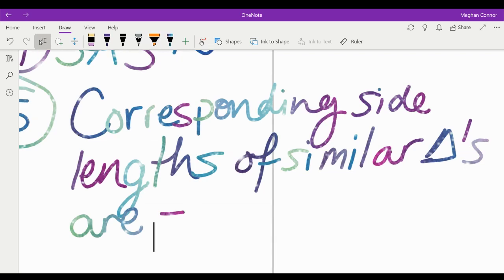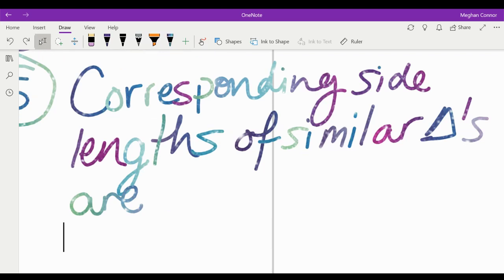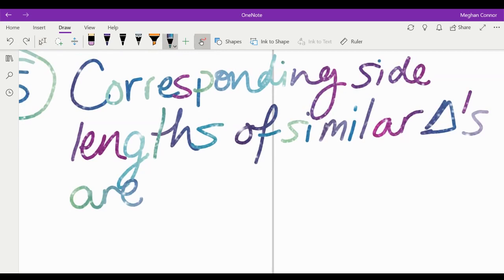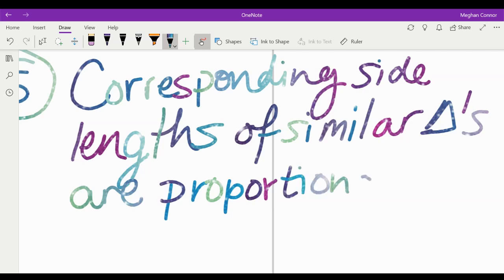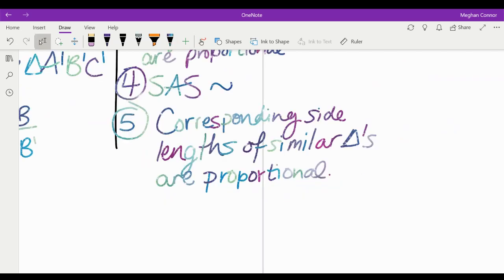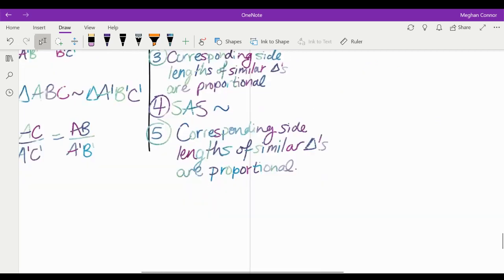No, proportional. Did I say equal above? No, okay.